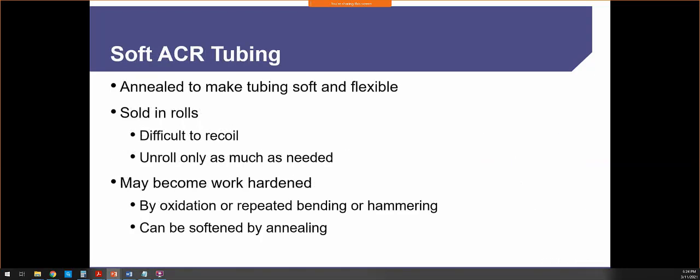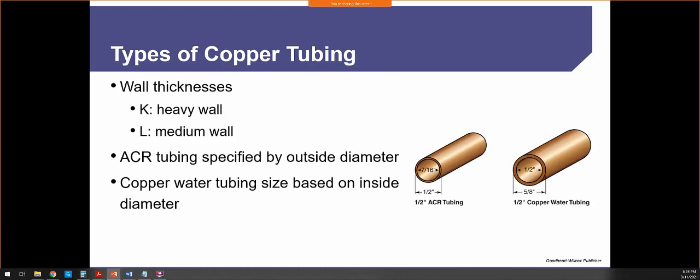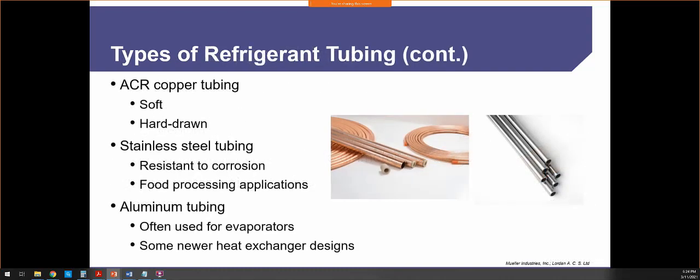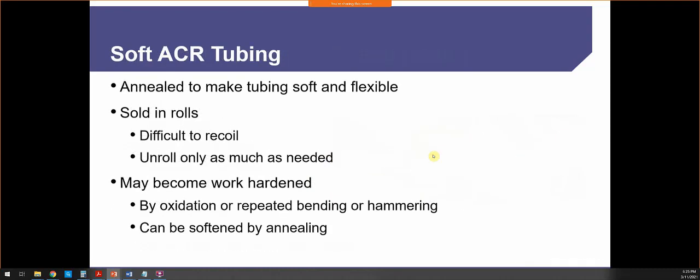All right, so we have annealed copper to make tubing soft and flexible. We apply a little bit of heat, it anneals it with the process, allowing it to bend and become flexible. It's sold in rolls and it's difficult to recoil. So that roll that we saw a few slides back on the right, this is really easy to uncoil. The problem is you're not going to be able to coil that back up.